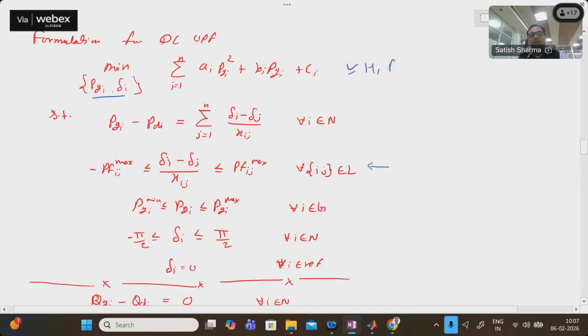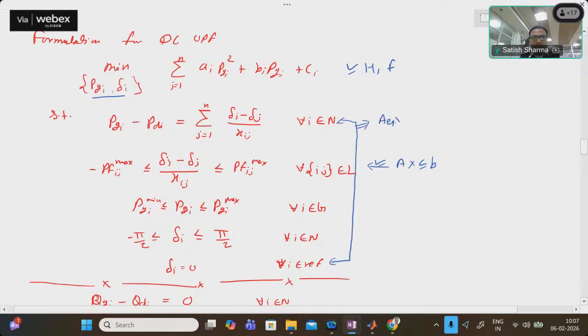We were in H and F, so the objective function was already handled. Then this constraint was already considered in AX. Then another constraint. So these are equality constraints.